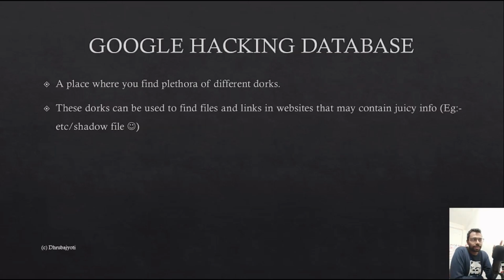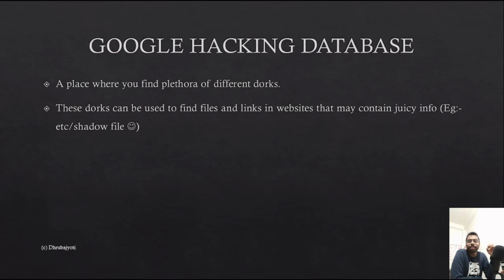Now the main content of this video is the Google Hacking Database. This is a website which has a plethora of Google dorks. As I said, Google searches for different links and files and everything on a certain website. Every website has something known as a robots.txt file.